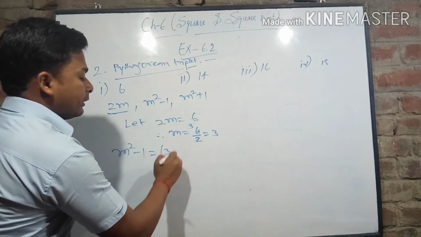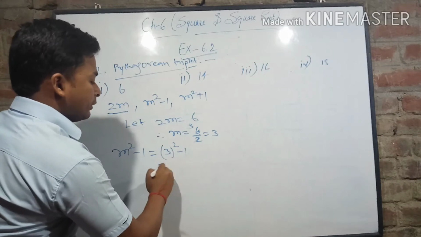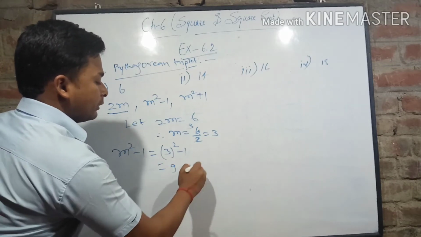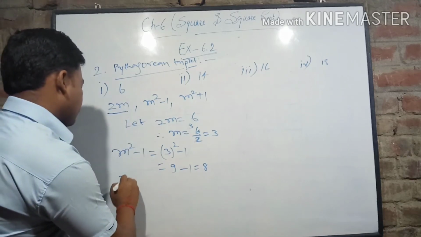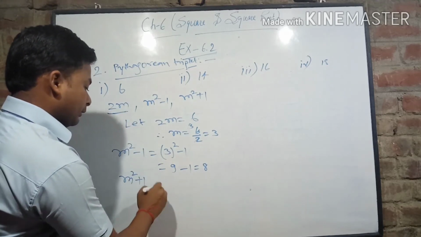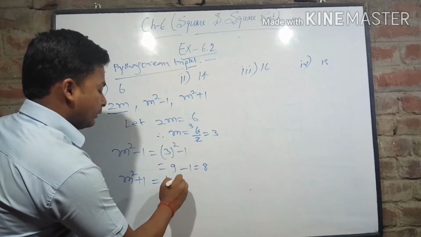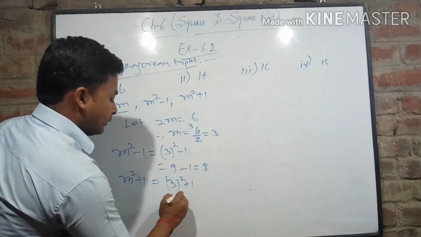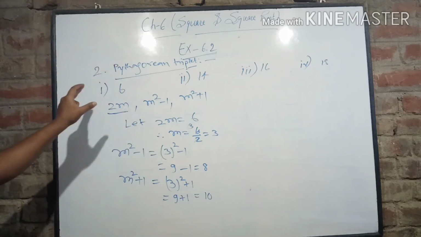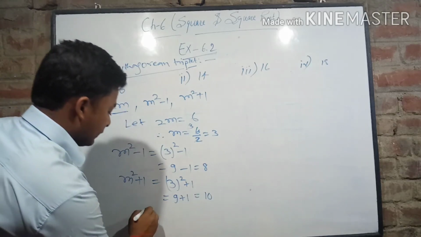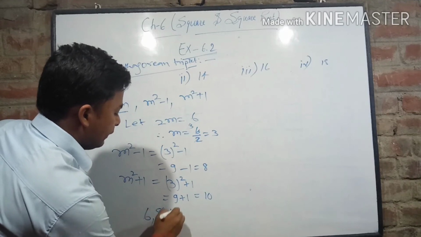So we can write 3 square minus 1, this is equal to 9 minus 1, this is equal to 8. And what is the third part? m square plus 1. This is equal to 3 square plus 1, 9 plus 1, this is equal to 10. So the first Pythagorean triplet is your 6, 8 and 10.